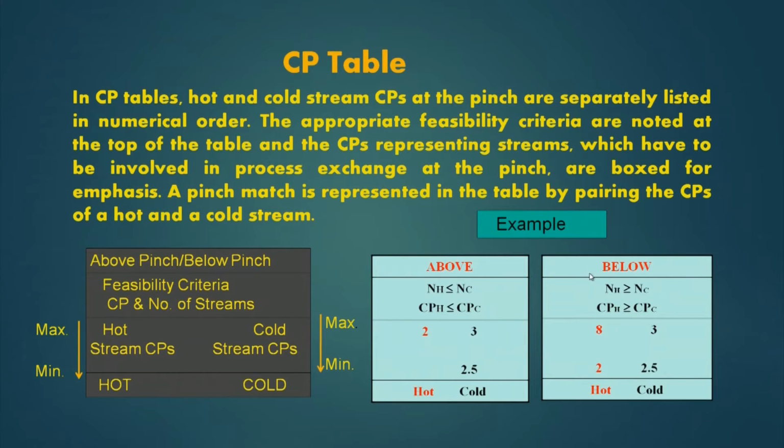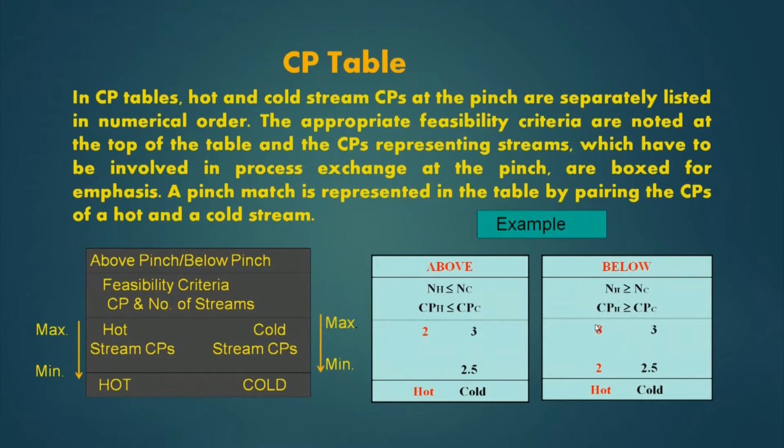Now, similarly for the below pinch region we write down, this is the rule of number of streams, NH should be greater or equal to NC, CPH should be greater or equal to CPC. Here there are two hot streams having CPs 8 and 2.